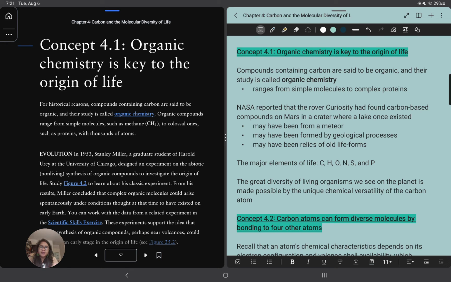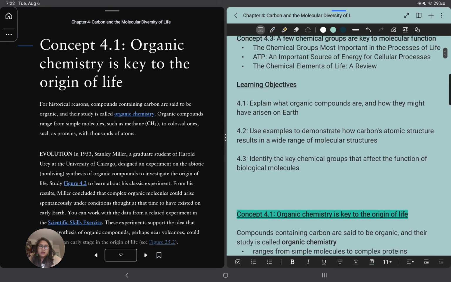So the possibilities are it may have been from a meteor, it may have been formed by geological processes, or it might have been relics of old life forms. And the major elements of life are carbon, hydrogen, oxygen, nitrogen, sulfur, and phosphorus. And the great diversity of living organisms we see on the planet is made possible by the unique chemical versatility of the carbon atom.